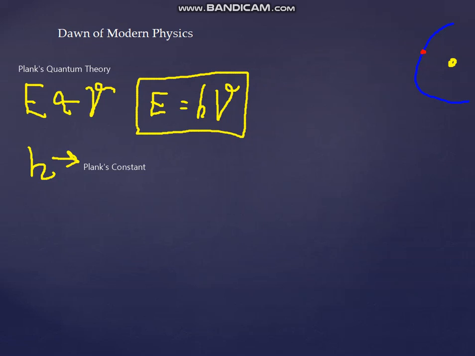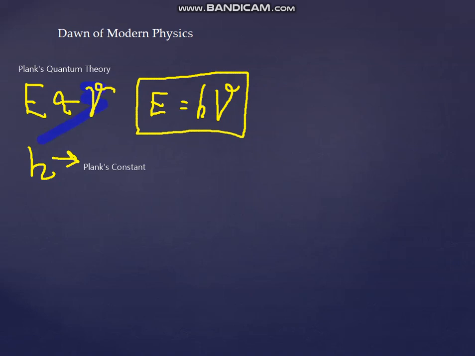Okay, so absorption and emission of light takes place in the form of energy packets or bundles of energy called quanta. The energy of each quantum is directly proportional to frequency, which is written in yellow.